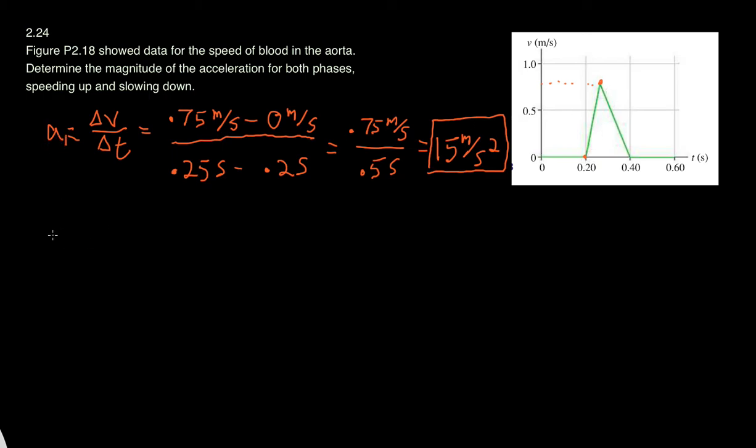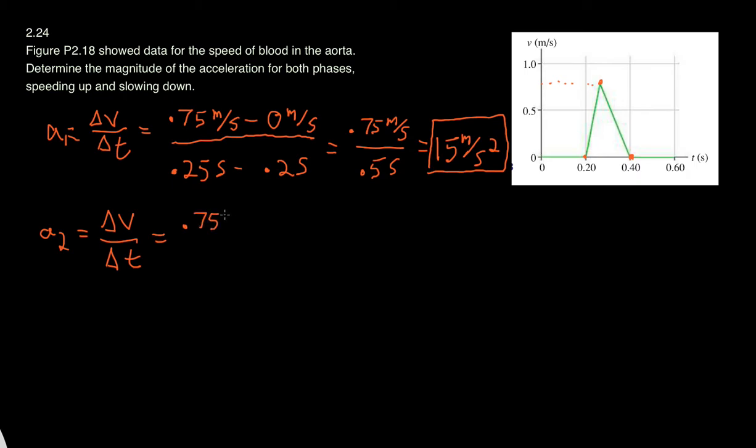Okay, so we'll call this A1, and then we'll call the second acceleration, that's decelerating, A2. So acceleration is equal to the change in velocity over the change in time. And so we're going from this point to this point over here now. So let's start with 0.75 meters per second.